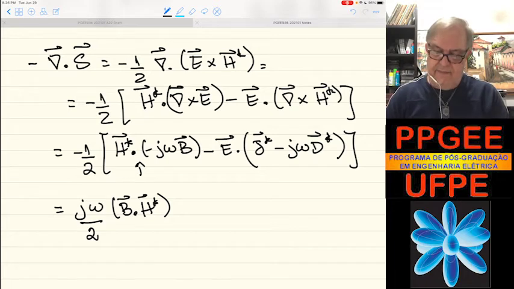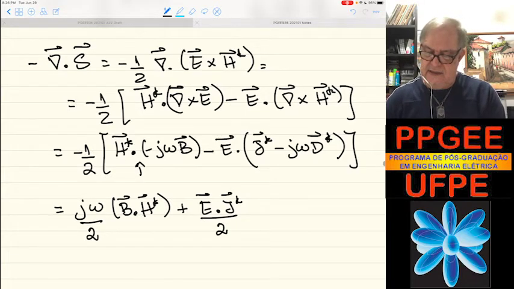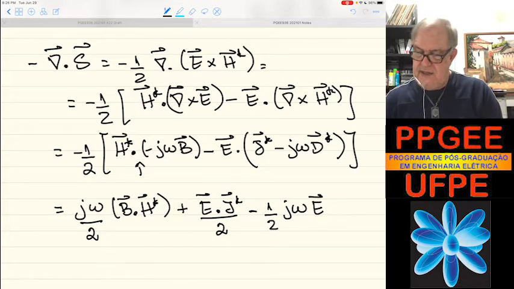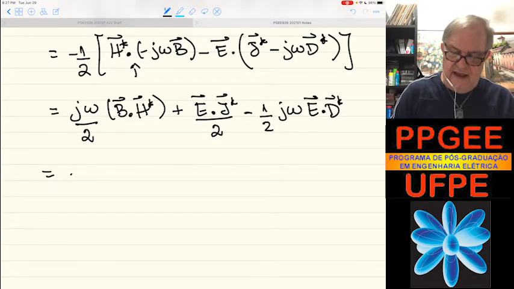Then we have plus E J conjugate over 2. Then we have a plus and a minus. Minus half of j omega E D conjugate. Okay? So I can write this like this, equals half of E J conjugate.